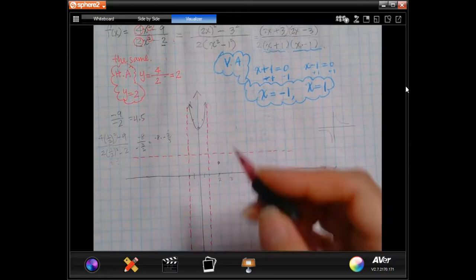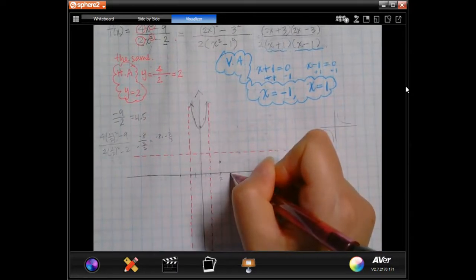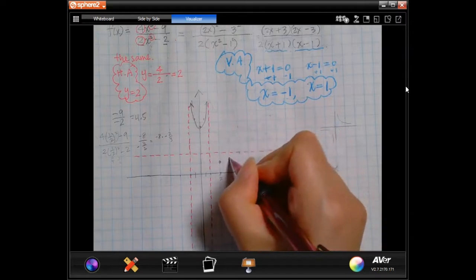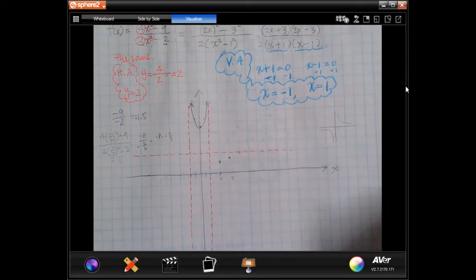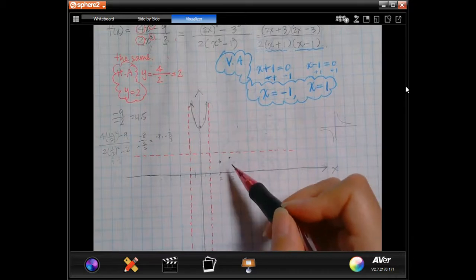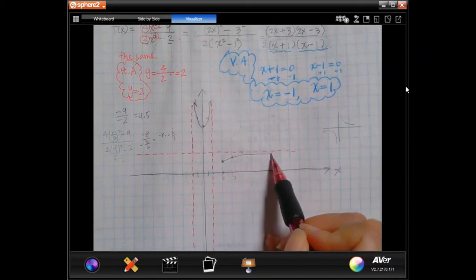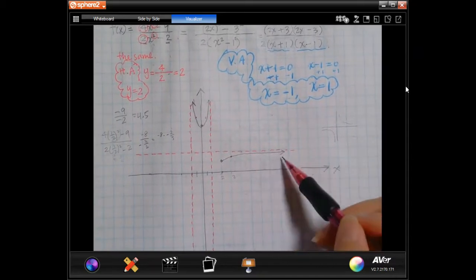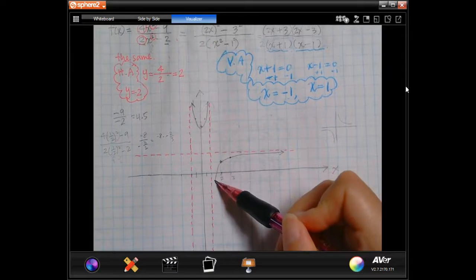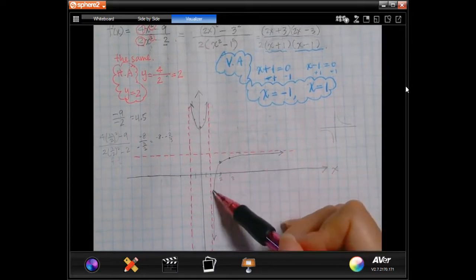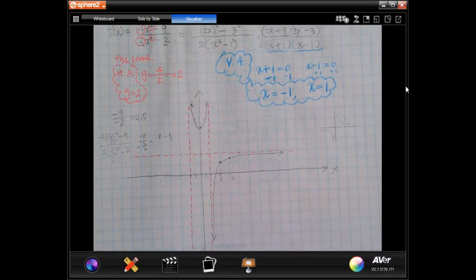Then when I plug in 3, you can calculate it on your own time, and you will see it's gonna be at 1.5. So then with these two plots, I can make my graph get closer to the horizontal asymptote in that direction, and I make my graph get closer to the vertical asymptote in that direction.